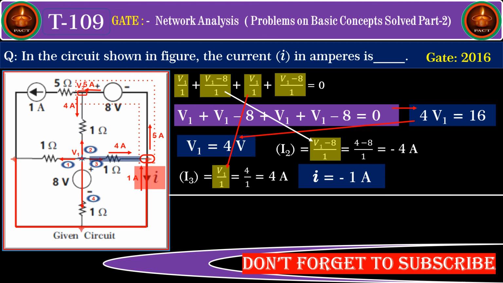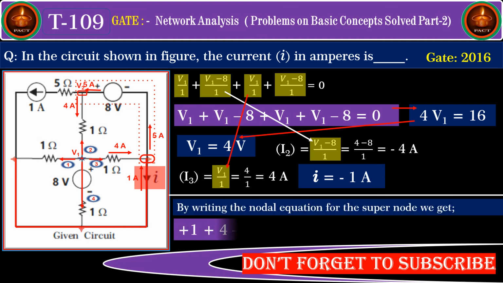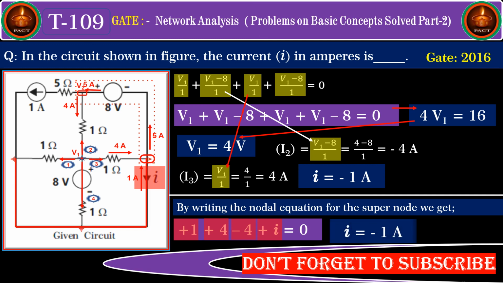Then this branch is connected and we want the current flowing away from the supernode, but 4 ampere is entering, therefore this is minus 4 in the equation of the supernode, and I, of course, is flowing away. So by writing the nodal equation for the supernode, we get plus 1 plus 4 minus 4 plus I is equal to 0. By solving this simple equation, we get I is equal to minus 1 ampere, which is same as the answer that we have got earlier.